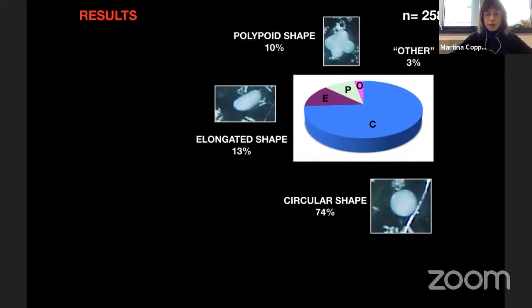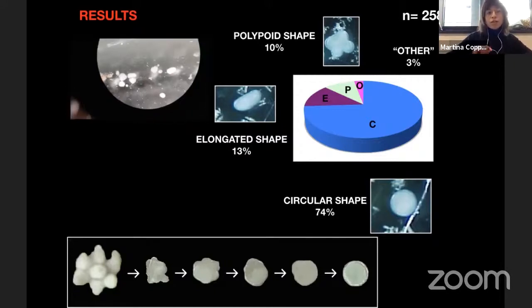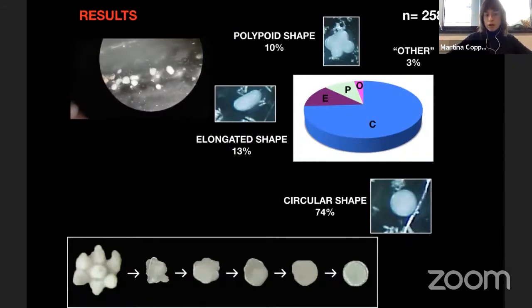The circular shape, instead, is the evolution of the previous morphologies into a circular one. Regardless of the morphology, all the propagules were actively moving, rotating on multiple axes, and this capability of moving was due to the presence of cilia on the surface of the propagules.